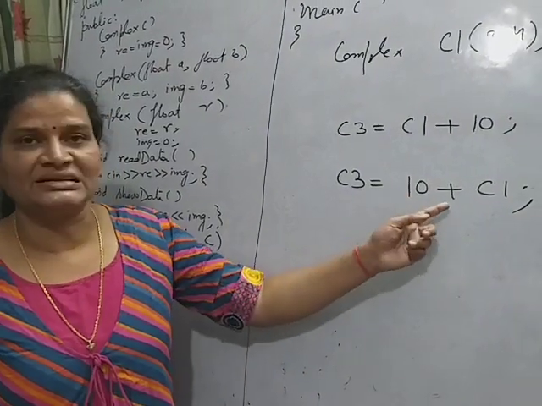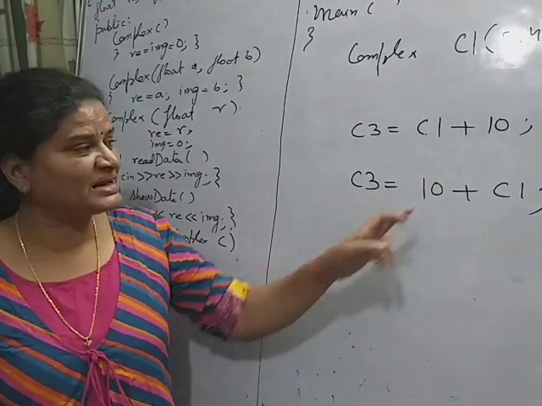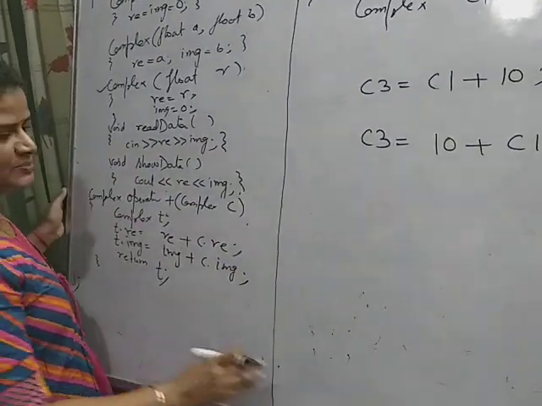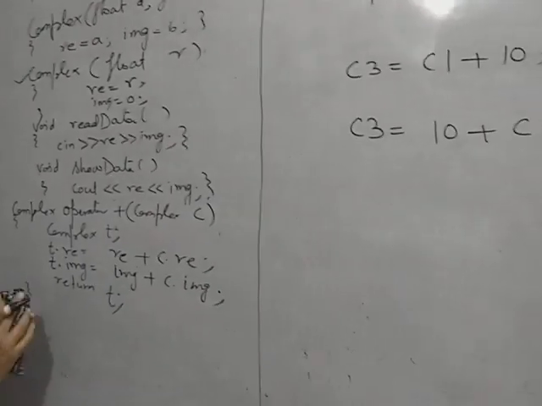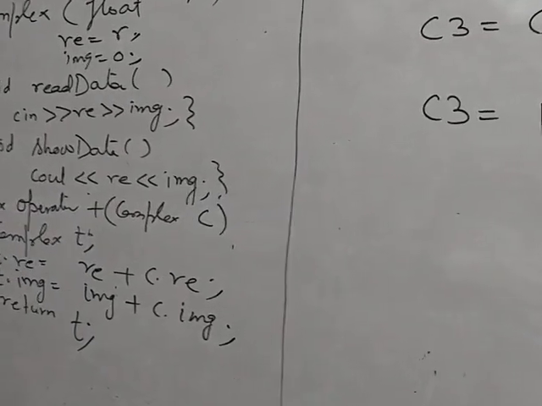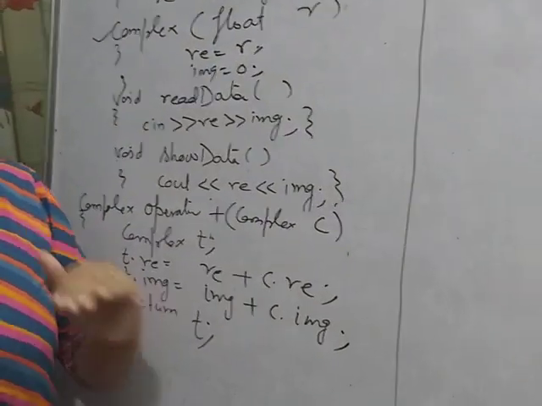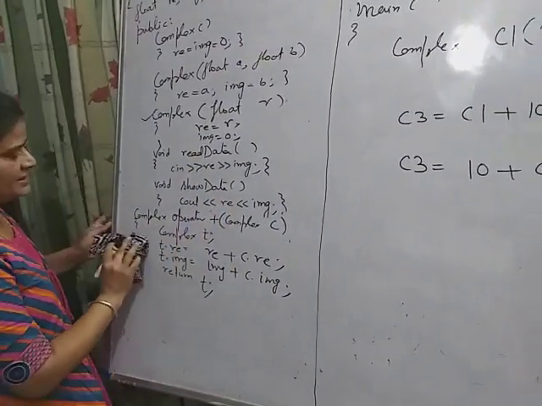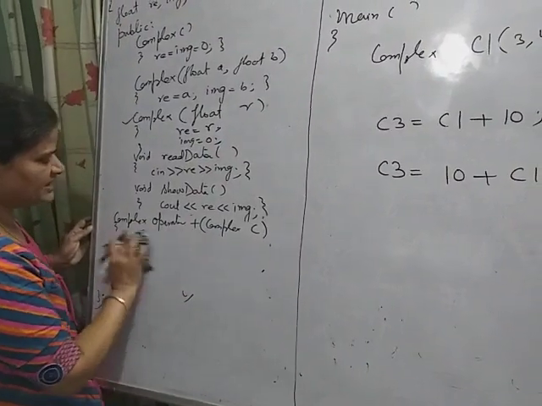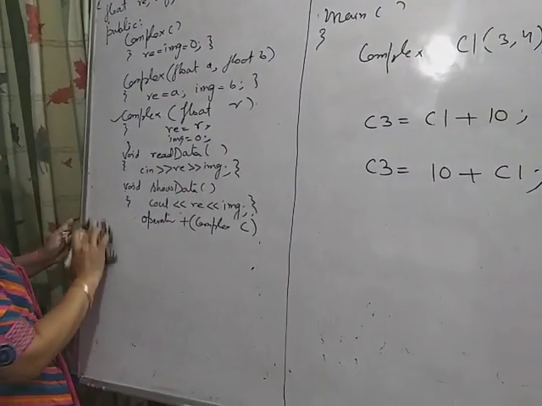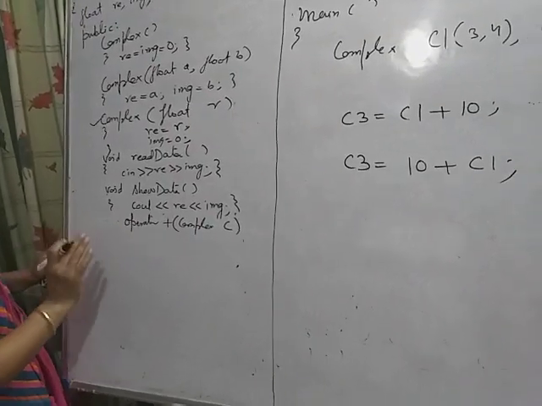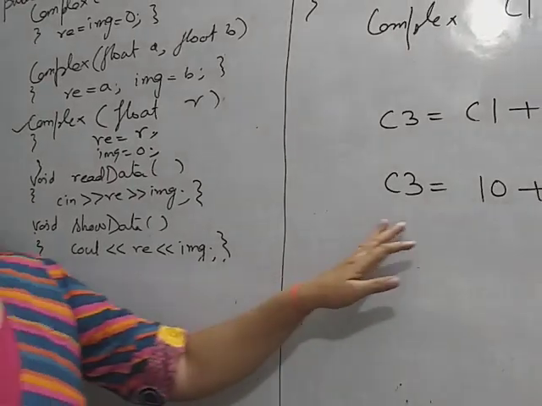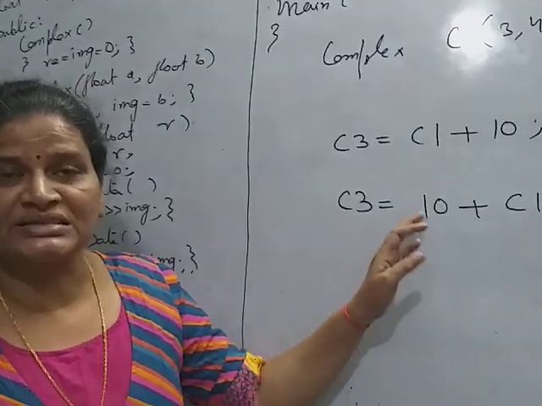So this type of operation cannot be performed using an operator member function. So what we do is overload the plus operator using a friend function. As you know, friend functions are not member functions of the class, so we have to give the definition outside the class. Everything else is the same, but when we overload the operator using a friend function, no object is passed implicitly, since it is not a member function.